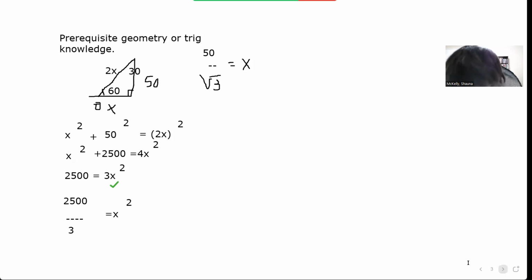And I'm going to say that we have 4 times a negative 1/4 is equal to negative 50 on the top.